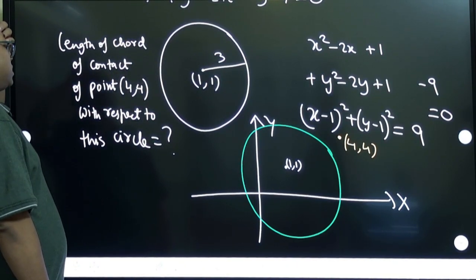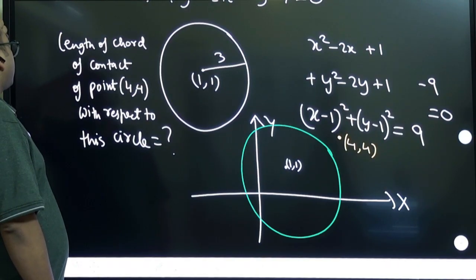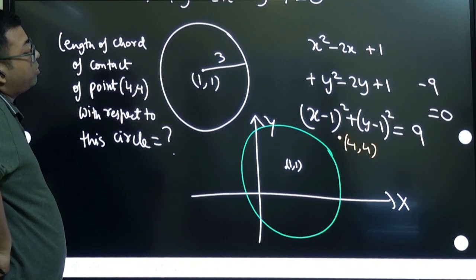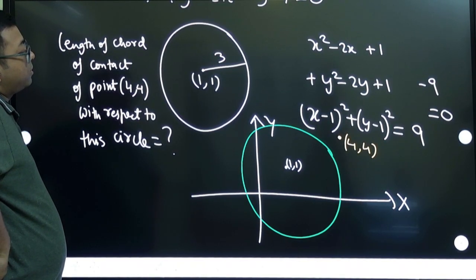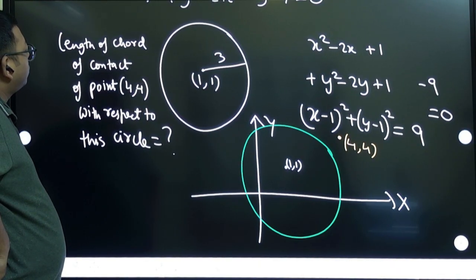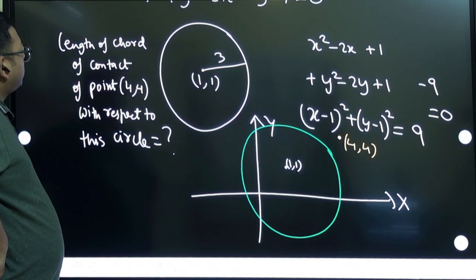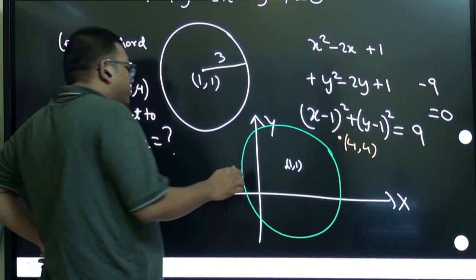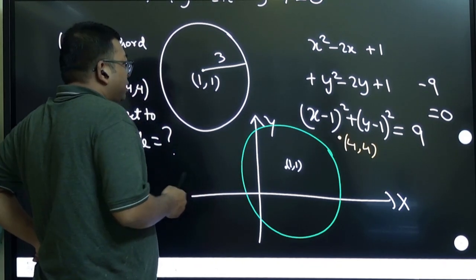What does it mean, the length of chord of contact of point (4, 4)? How do you make a chord from (4, 4)? The question is not coming clear. How do we also know whether a point lies inside or outside?